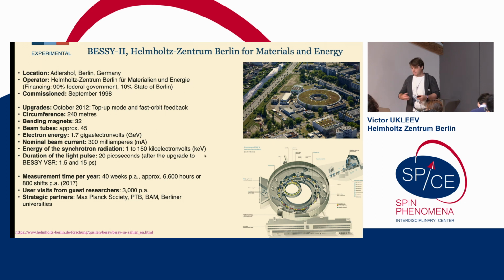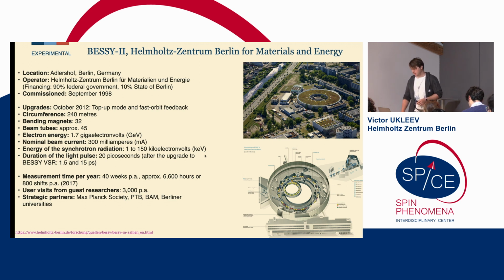These electrons generate synchrotron radiation with energies from 1 to 150 kiloelectron volts with a maximum flux at around 500 electron volts. So it's a rather soft X-ray dedicated facility.